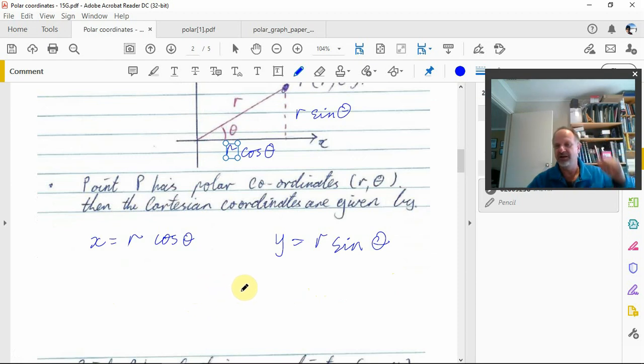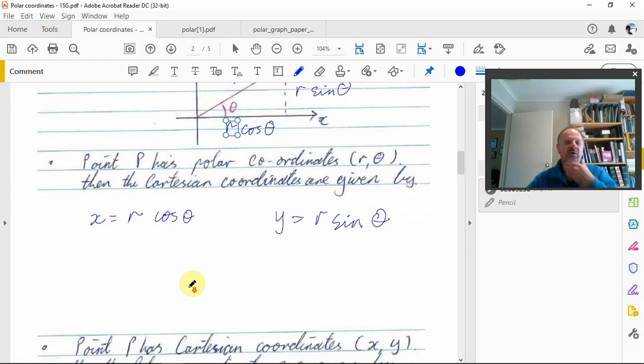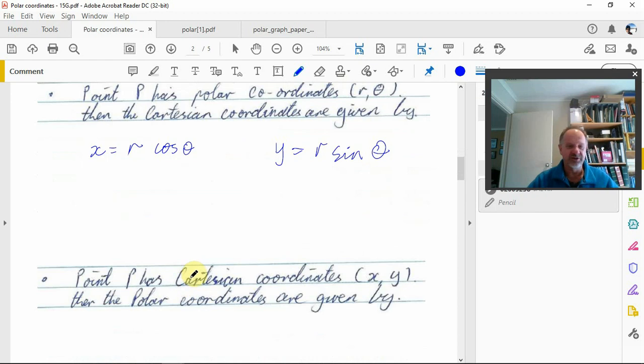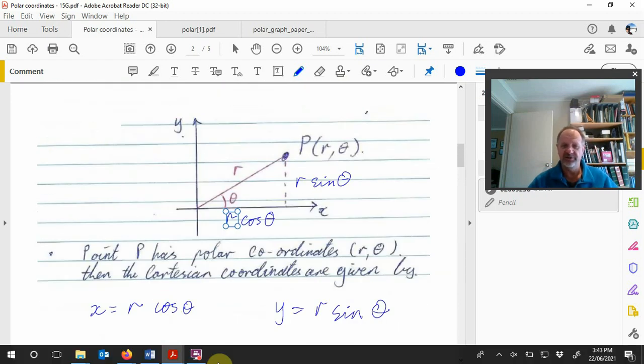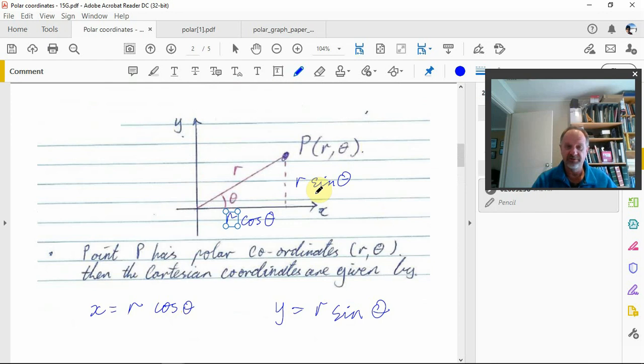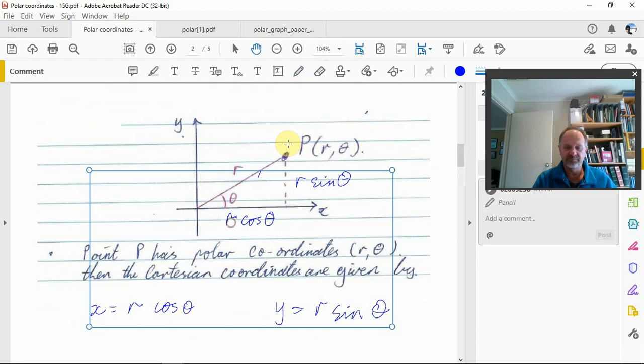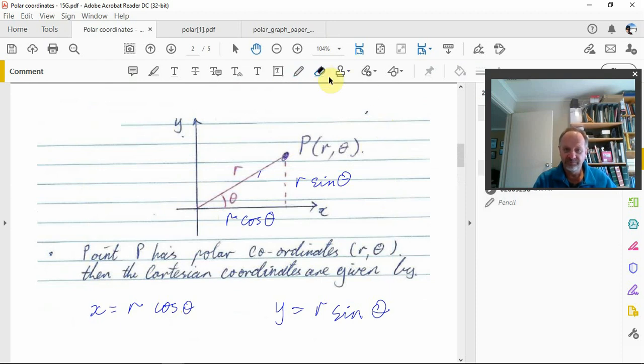If we think back to our parameters, then our angle here, theta, is our parameter. All right, so if point P, for example, had, let me get rid of that stuff. All right, let's get rid of all of those things.